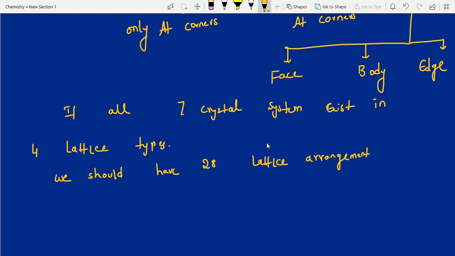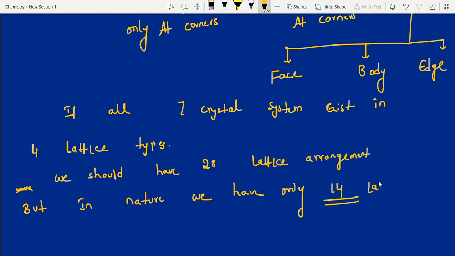Based on 6 parameters, how many crystal systems did I say? 7, right? And totally how many unit cells here? 4 unit cells, right? 4 into 7, 28. We should have 28 lattice arrangements. But, important point, in nature we have only 14 lattice types.